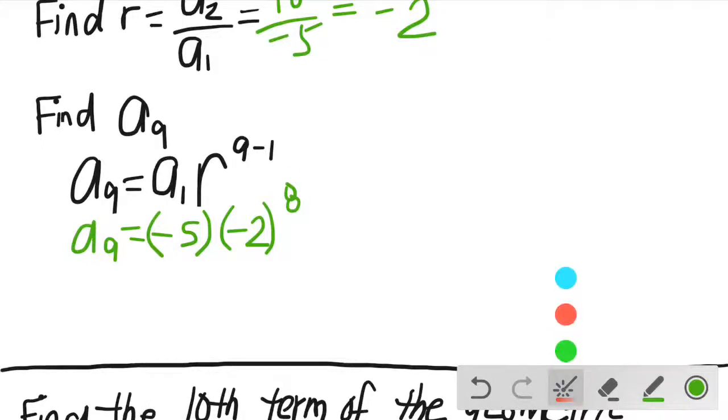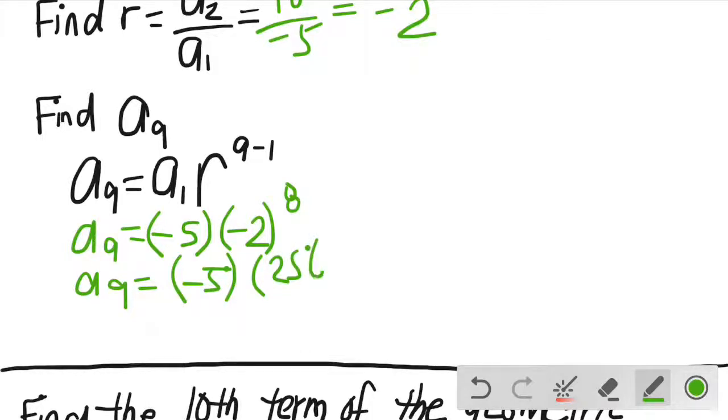Making sure to simplify this part first if you are doing this manually. So a sub 9, where I need to multiply -5 right here by -2 to the 8th, or simply a positive 256. And in this case, the ninth term is actually -1280.